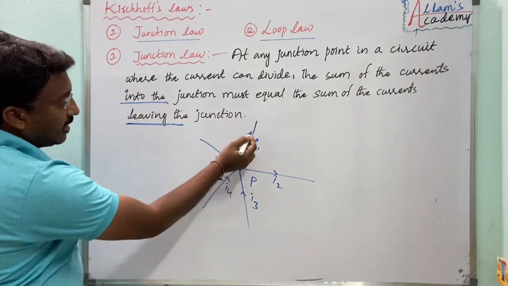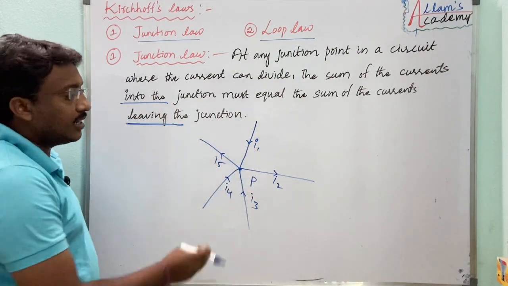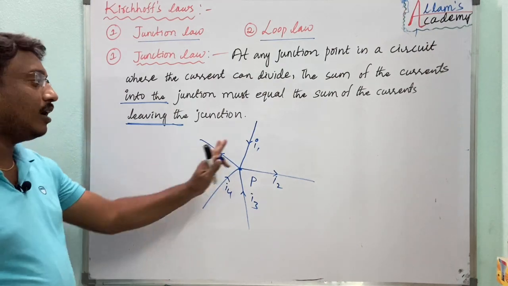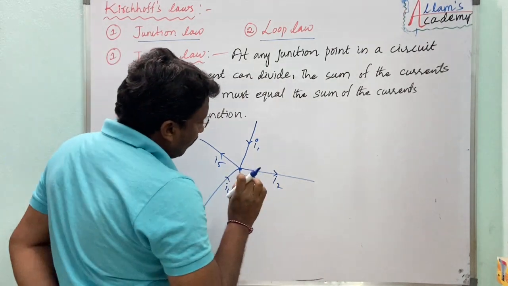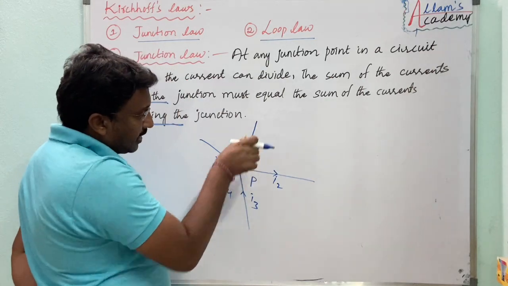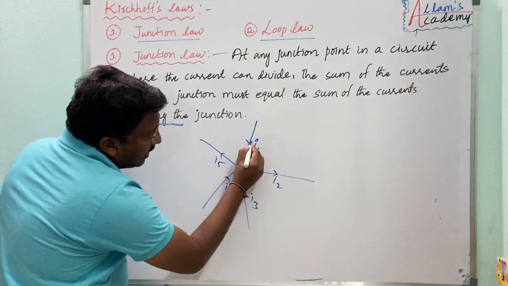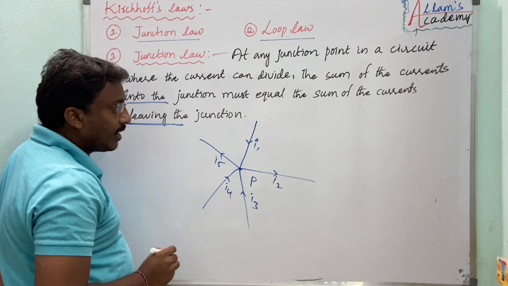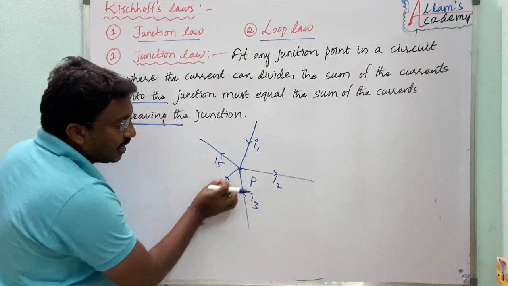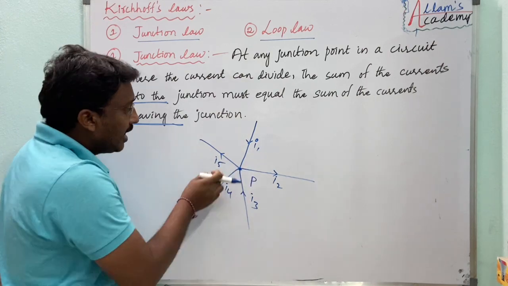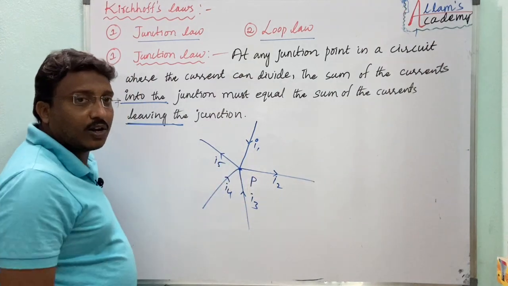Into the junction means these incoming currents towards the junction are equal to the outgoing currents. By the arrow marks we can find out: I1, I3, I4 are towards the junction, and I5, I2 are out of the junction.